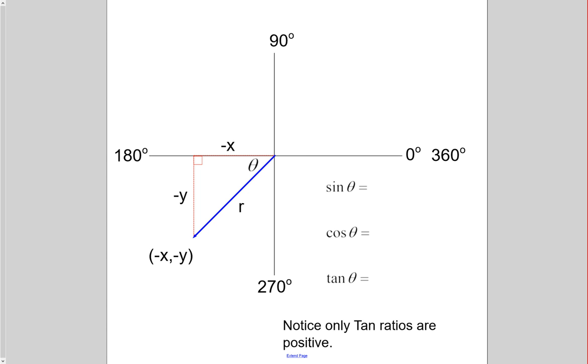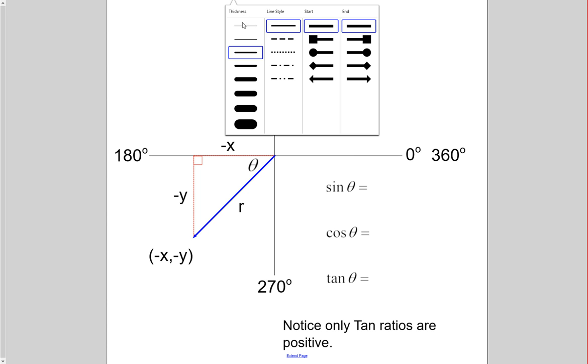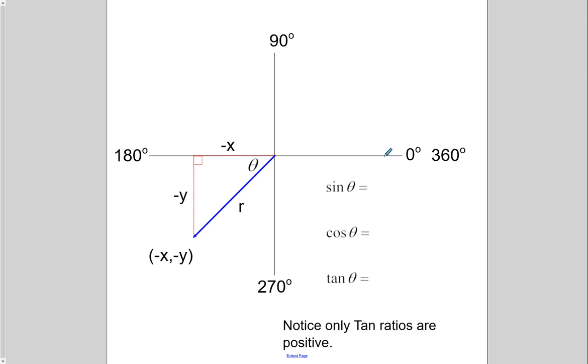So let's see what we end up with when we write our ratios. Sine is opposite, that's negative y, over hypotenuse, that's r. So that's going to be a negative value. Cosine is adjacent, that's negative x over hypotenuse, so that's also going to be a negative value.